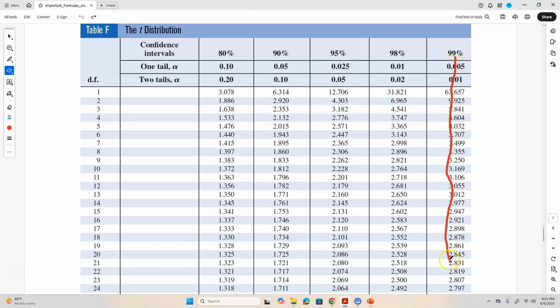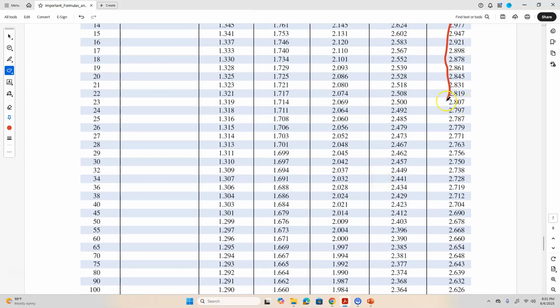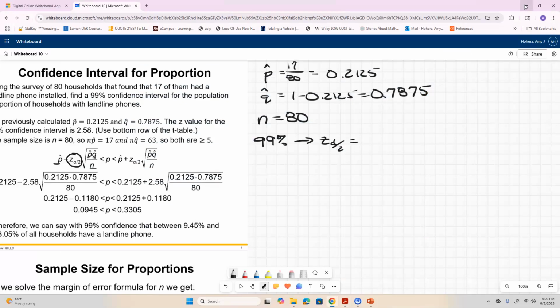Since we're doing z, we can go all the way to the bottom. And remember, the z's are in the last row. So we come over and we find that our z is, we're going to round that to 2.58 because that's what Alex always does, so we don't want to get our homework answers wrong. So 2.58 is our z.